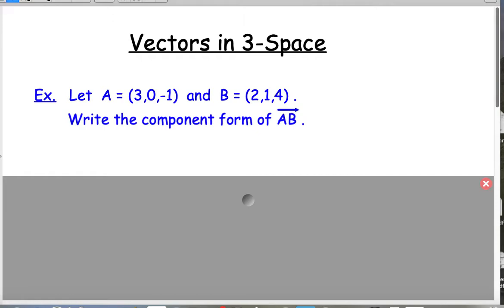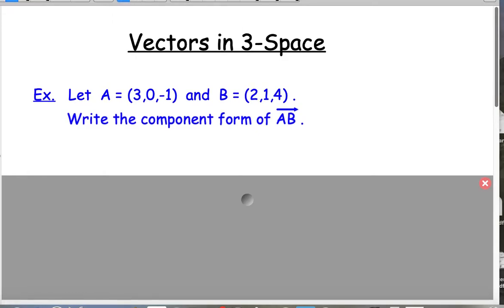Well, how did we do this in 2 dimensions? We did terminal minus initial. So it's the same exact idea in 3 dimensions. The component form of AB is going to be the vector, terminal minus initial. So we're going to take the x components and subtract them. 2 minus 3 is negative 1. And then subtract the y's.